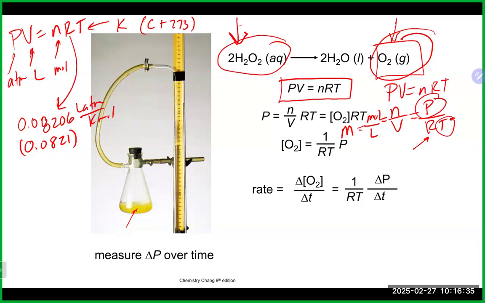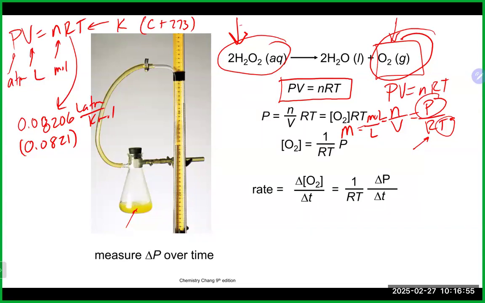So again, this is another way that you could do a kinetic study if you don't have anything with a color associated with it, but maybe you do have a gas that's produced. Or if you have a reaction where you're starting with a gas and maybe you don't end up with a gas, you would follow the pressure decreasing with time as well.